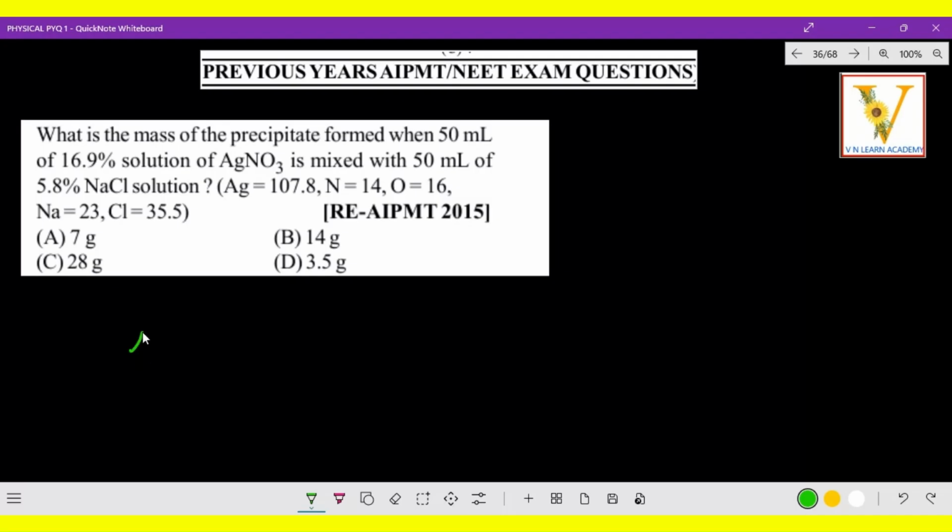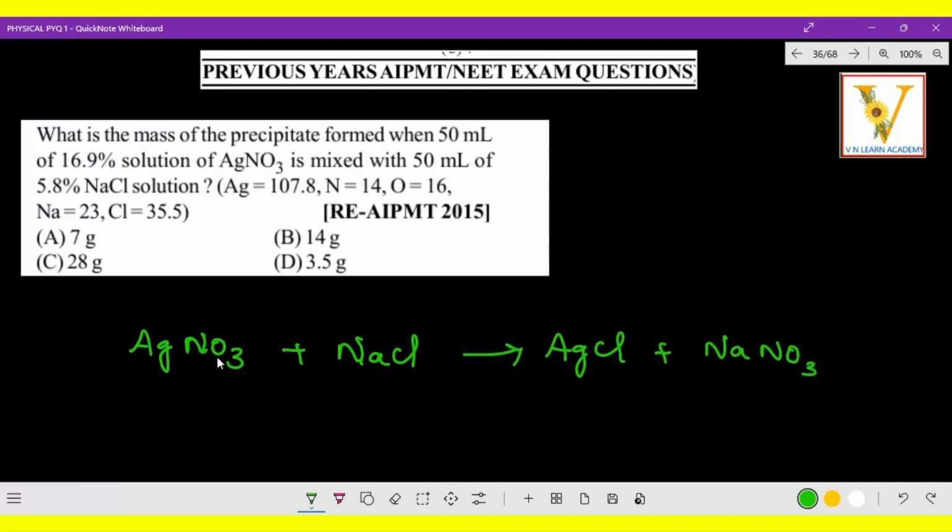AgNO3, silver nitrate, plus sodium chloride. What is the product you will get? AgCl plus NaNO3. It is a displacement reaction, as you can see. Is it balanced, AgNO3 and NaCl? Just swap: this one sits over here, and that one sits over there. So it is a displacement reaction. Come on, in that data also we can write it.